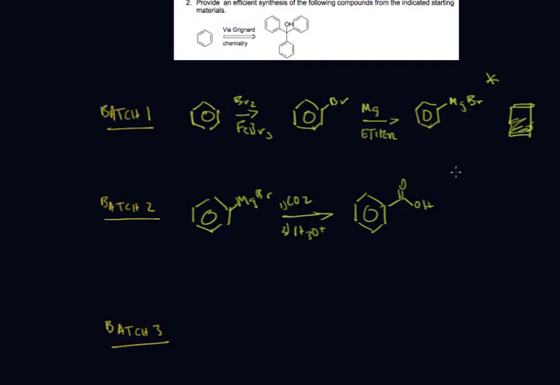Okay, and then you're gonna use SOCl2 to go from a carboxylic acid to your acyl chloride. And in this situation, it's kind of a pretty complex acyl chloride, but still it's an acyl chloride. And so that's what I would call batch 2.